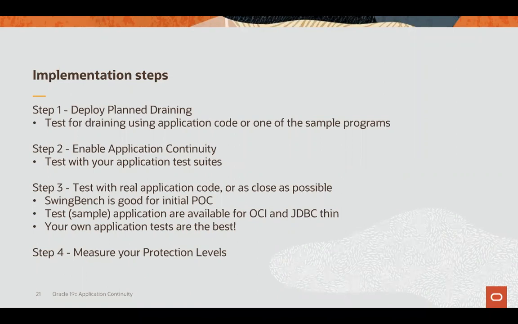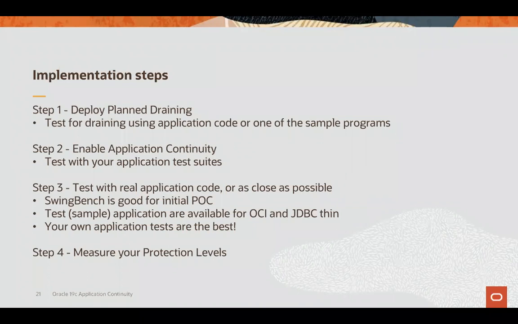Another testing method is to use Swingbench. In case you don't have any GitHub projects which are close to your application, or you don't want to use any installation from GitHub, you can use Swingbench to test your application continuity configuration and make sure it works.